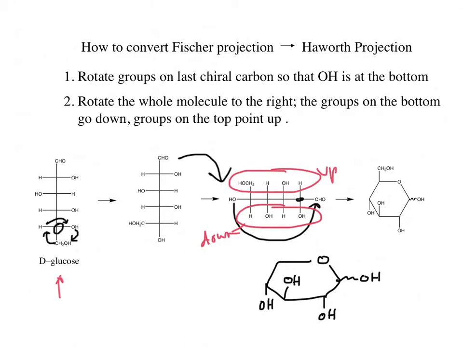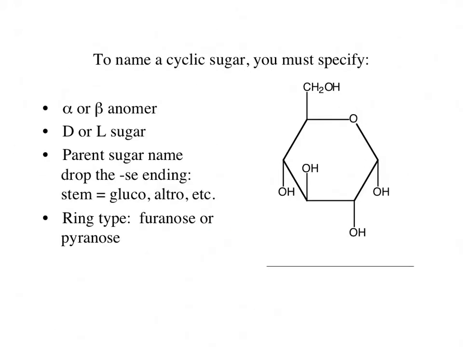CH2OH, up. And there's the molecule. Now if I were to tell you alpha or beta, you could then take that anomeric OH and put it in the right spot. Okay?